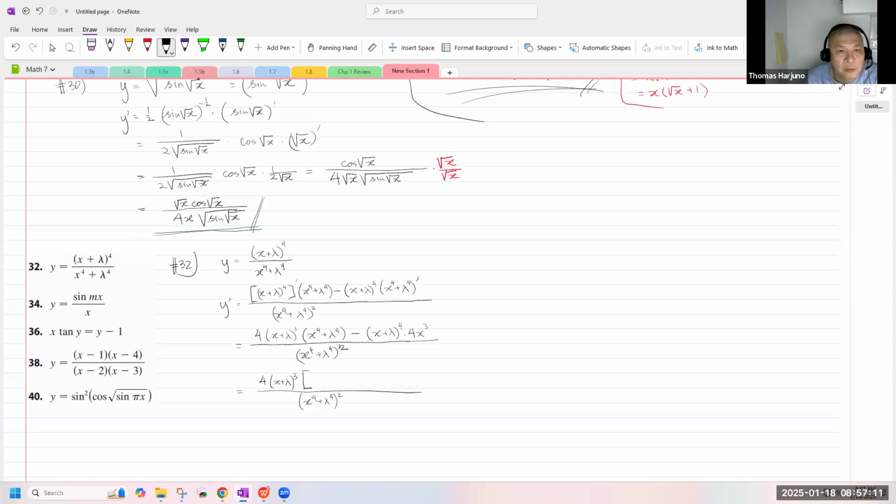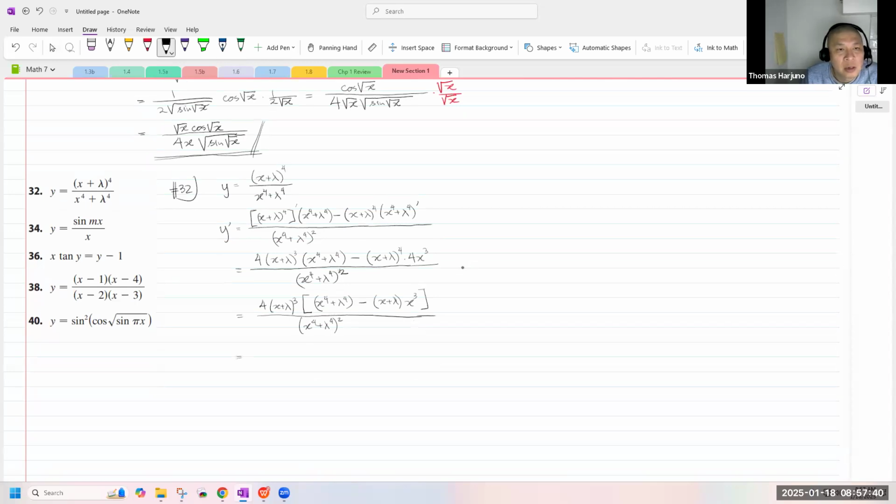So I have x to the 4th plus lambda to the 4th minus, I pull (x plus lambda) cubed out. So I still have 4 times (x plus lambda), one of them. I pull the 4 out and then I have x cubed, like that.